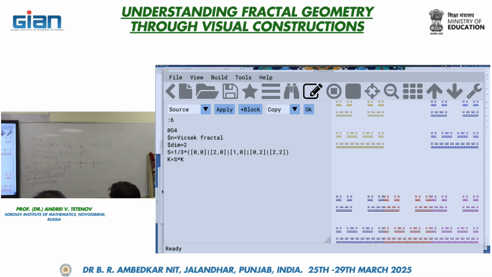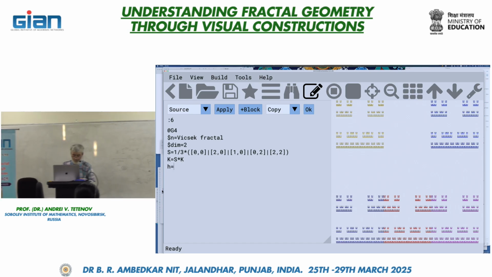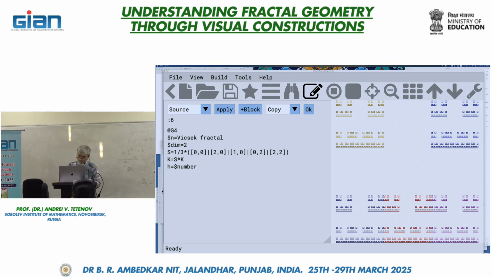So I write h equals number which is real, and it is changing from 0 to 1/4, right? 0.4.